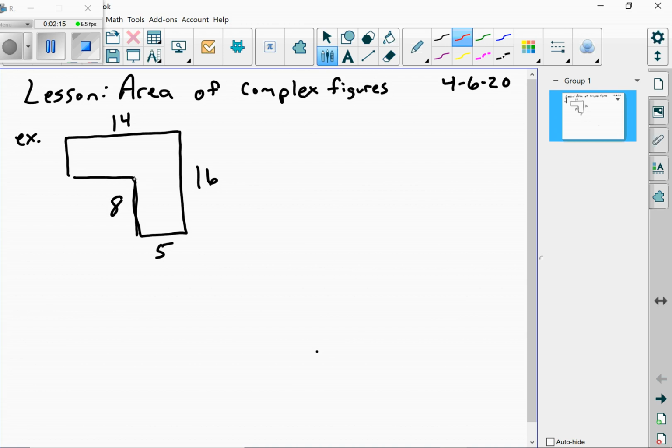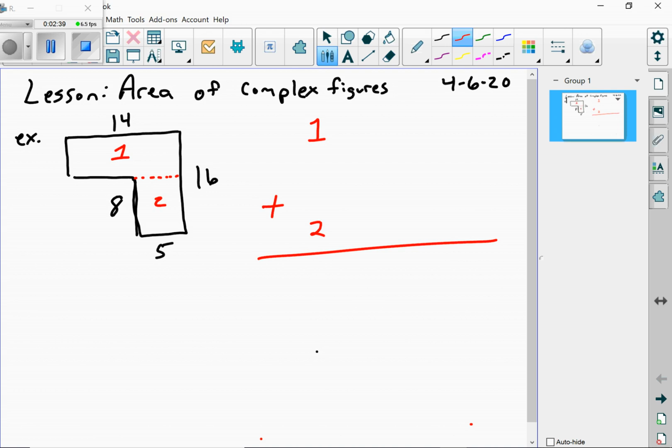For me, I see a rectangle if I cut it right here on the top, so rectangle number 1 and rectangle number 2. I can find the area of rectangle 1 and the area of rectangle 2 and add those together to get the total area, right?